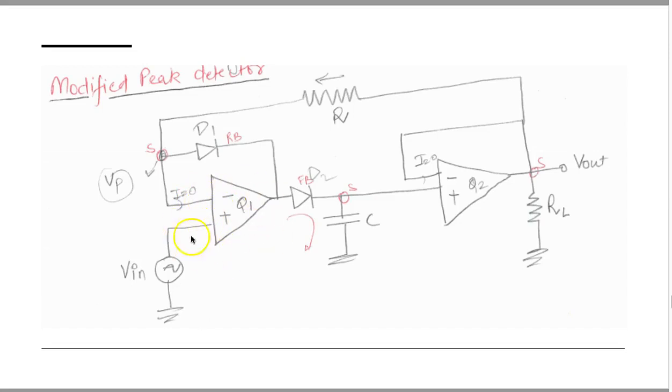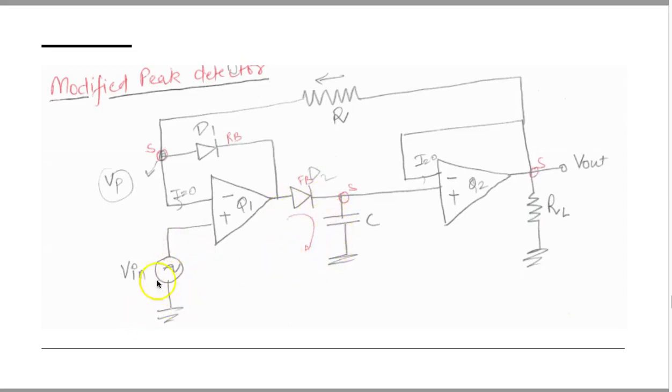So you will get some output voltage here, and due to that this D2 diode will be in forward bias mode, whereas diode D1 will be in reverse bias, because this is the negative side of the diode, and if you give some positive signal here, then this will be reverse bias, whereas this is going to be forward bias, which means this will be turned on and this will be turned off in that case. And once this is forward bias, the capacitor will start charging up.